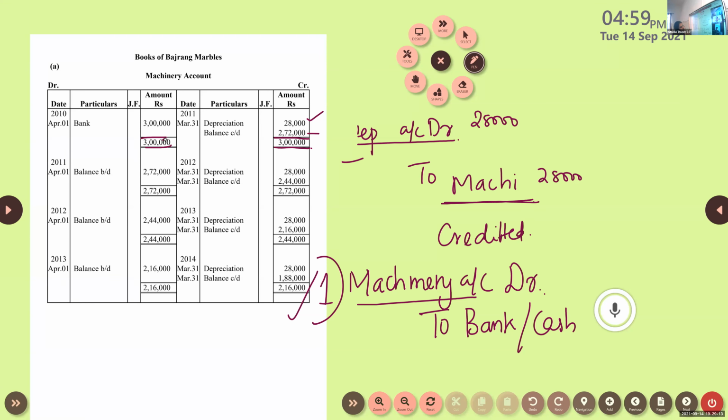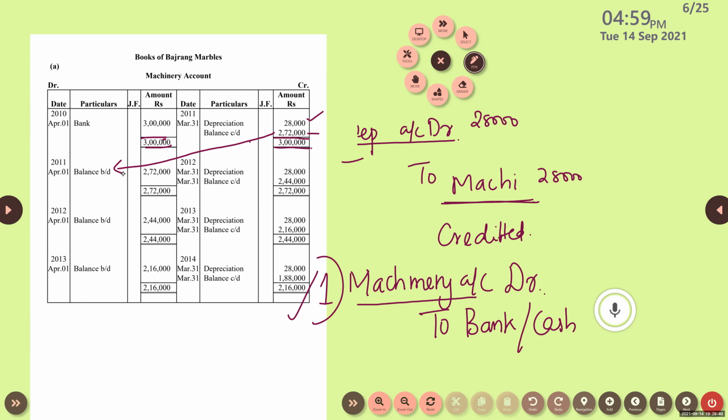By the end of first year, value of machinery has come down to 2,72,000. Finish. So balance carried down. This balancing figure will bring it to the next year. And the process continues.